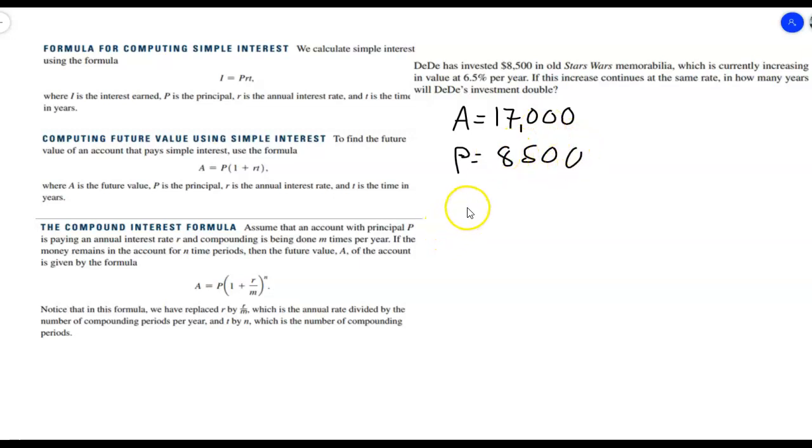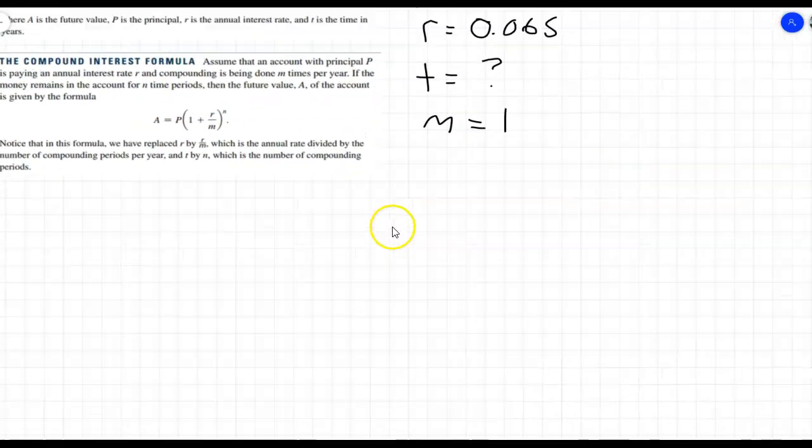And then we're going to have our R, which is our interest rate in decimal form, 0.065. And our T, that's how many years it will take to double. That is our unknown. And our M, it says per year, so that's annual, so that would be 1. With all this information, I'm going to put it into the formula.